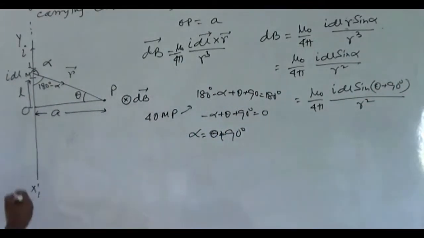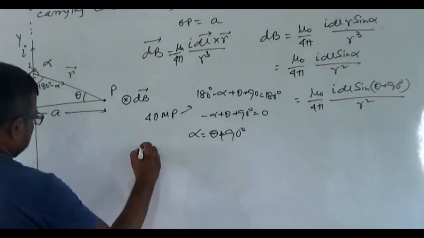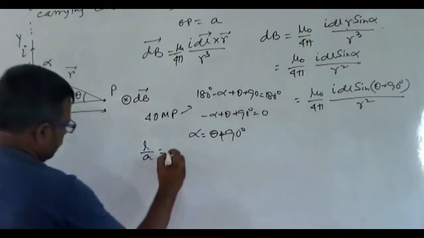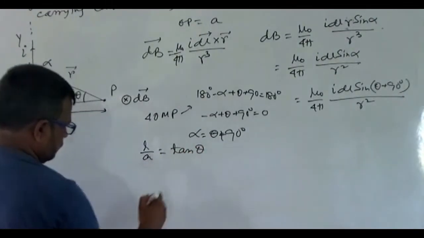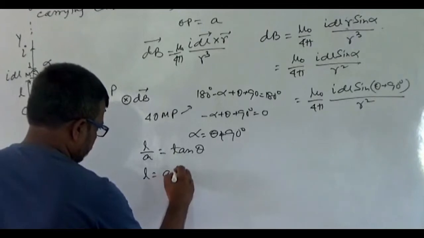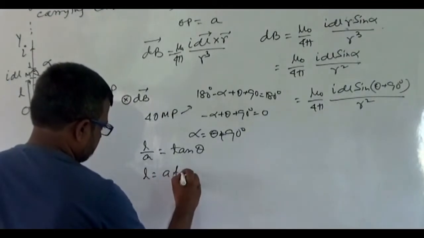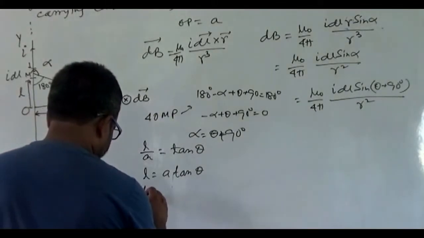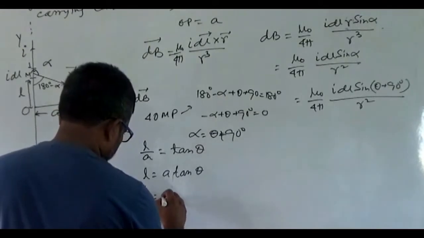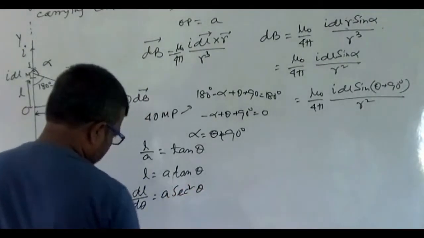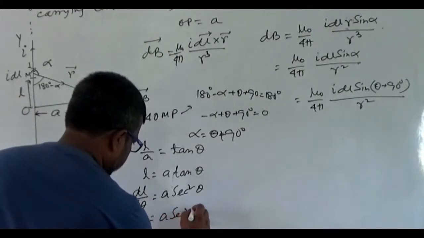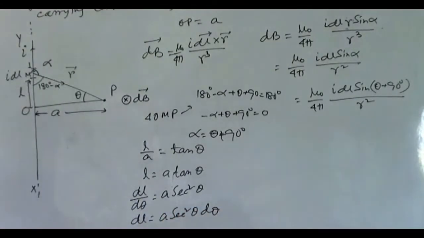And again, from here you can write L by A is equal to tan theta. Therefore, L equals A tan theta. And from here you can write dl by d theta is equal to A sec square theta. Therefore, dl equals A sec square theta d theta.